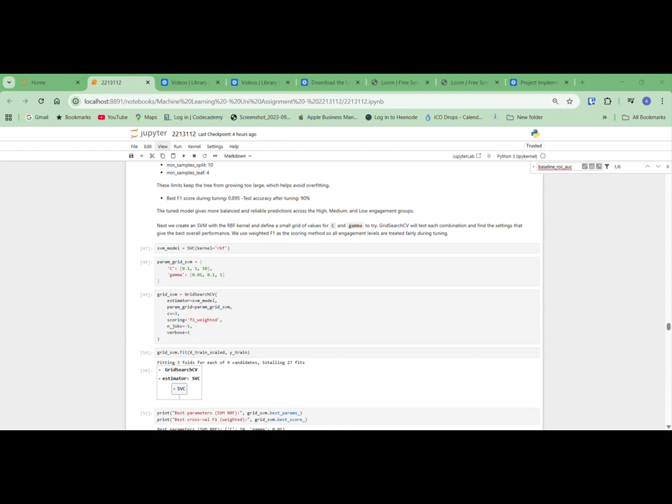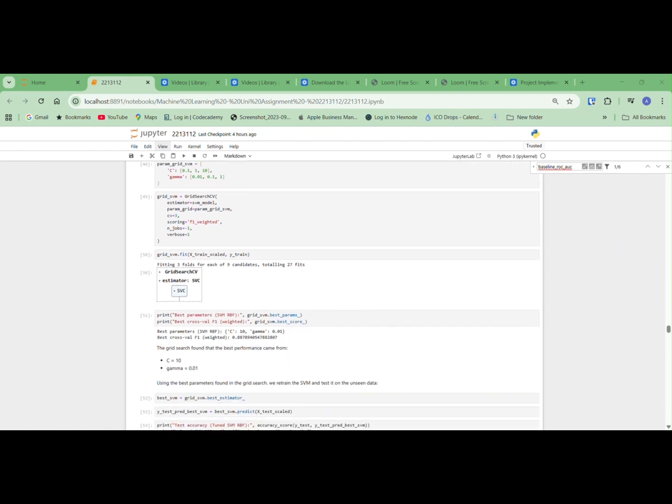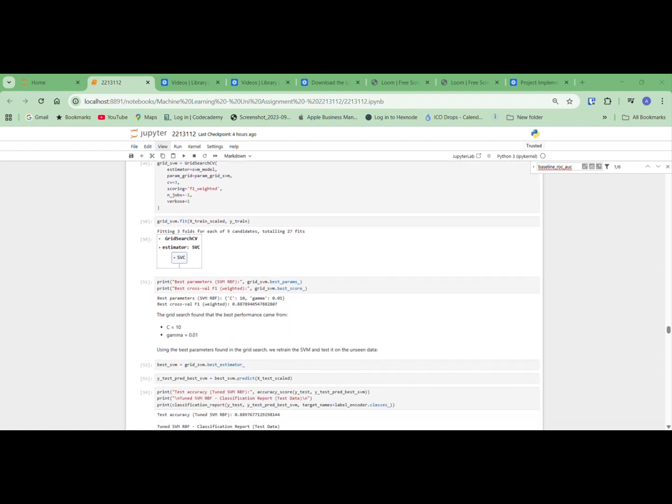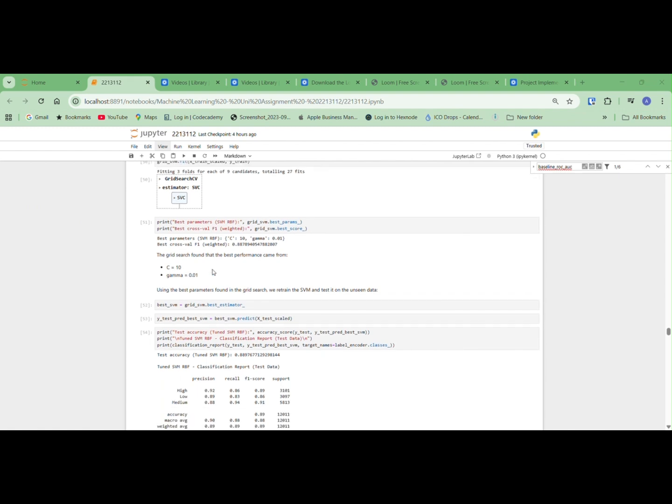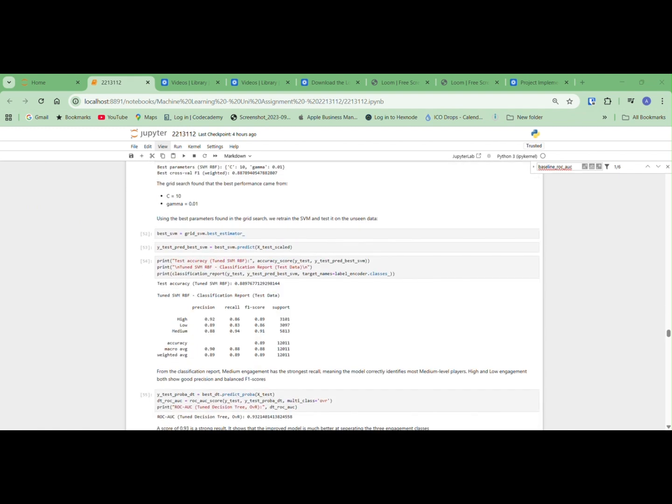The grid search uses all combinations of C and gamma to find the best overall combination, which is C set at 10 and gamma at 0.01. Then we follow the same process to evaluate the tuned SVM model. You can see it reaches about 89% accuracy.